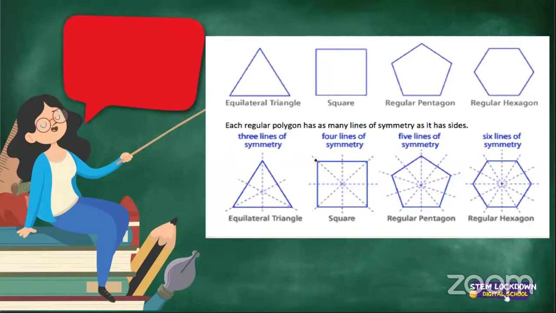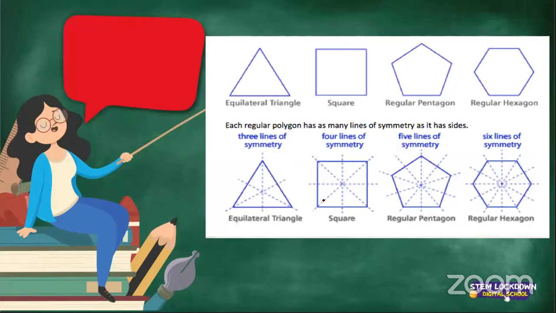Now the cool thing about a square is, because all sides are equal, where the vertex is here and here, you can draw a straight dotted line going across the shape. If you look at it, this half here is equal to that half. If you drew it and folded it in half, you would see that this overlaps with that. You can do the same thing with the side.